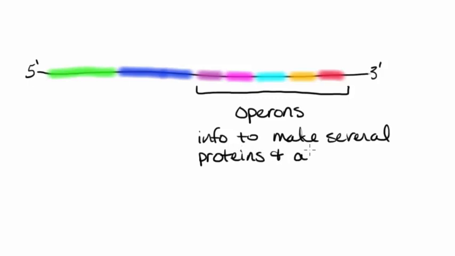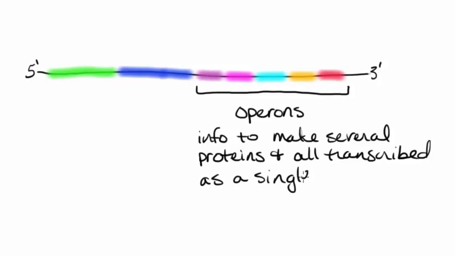And these will be all transcribed as a single unit. And so what this means is that there will be just one promoter in front of all of this. That will be the site where the RNA polymerase is actually going to bind. And if we do transcribe this, it's all going to happen as one single piece of RNA.